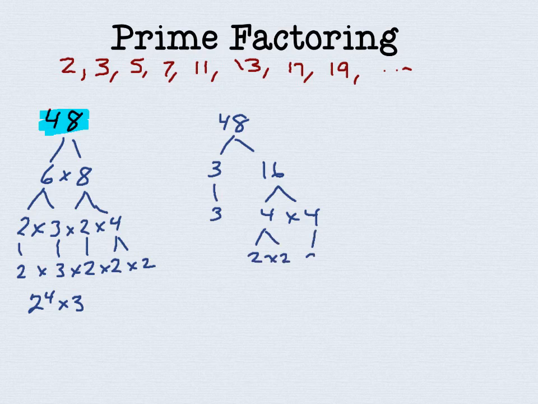So now you're down to 3 times 2 times 2 times 2 times 2. Putting them in order from the lowest prime factor to the highest, you would have, again, 2 to the 4th times 3, which is a shorthand way of writing 2 times 2 times 2 times 2 times 3.